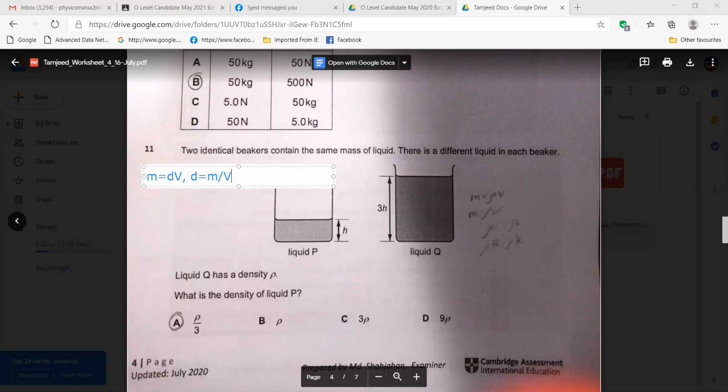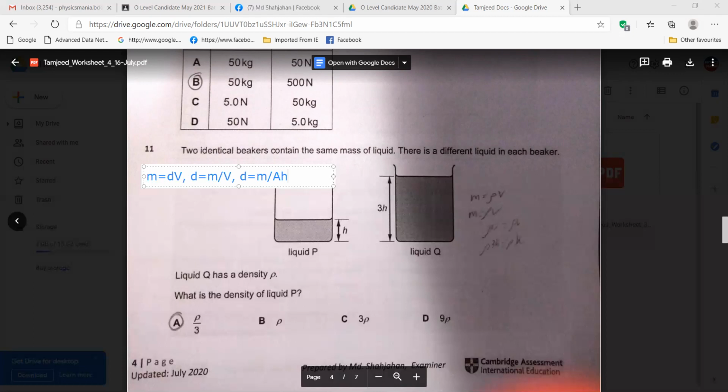For both of them, mass is the same, but volume is different. So we can write this formula this way: d equals m by area multiplied by height.